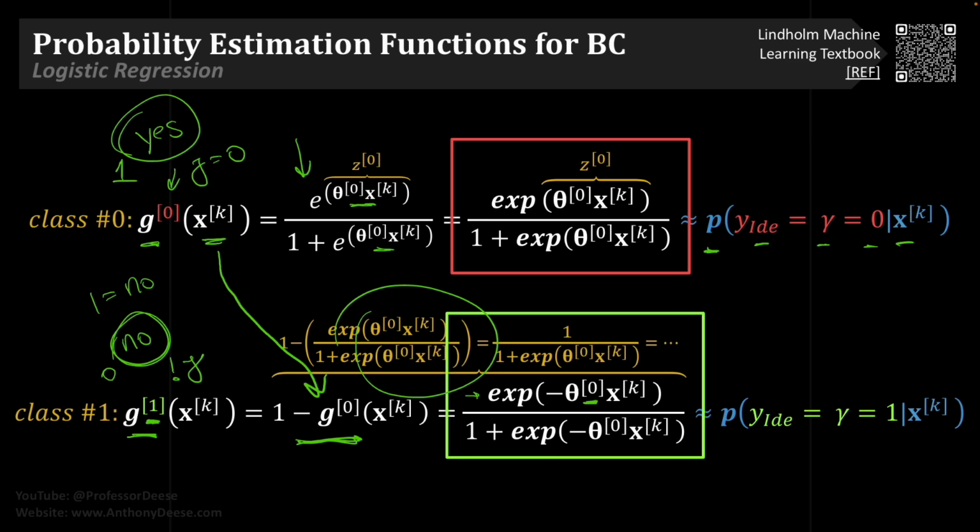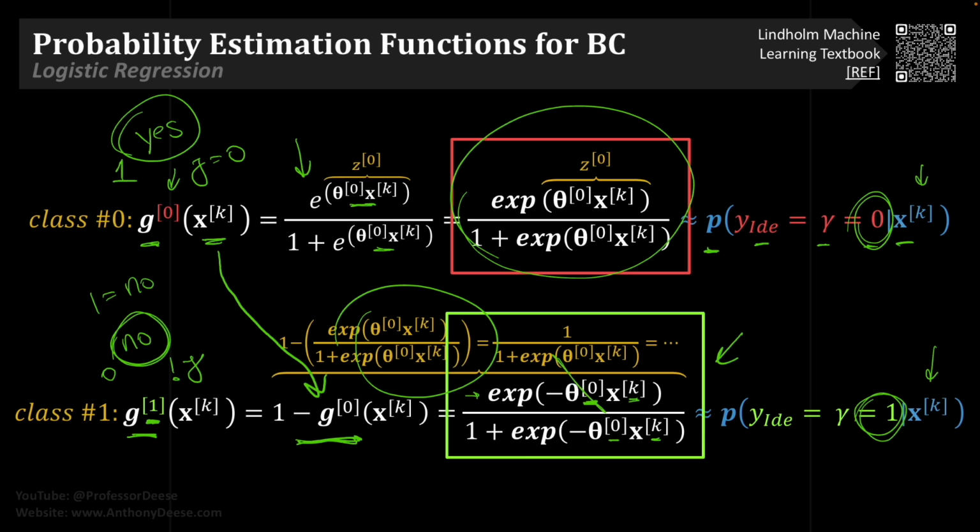And what this does is this allows us to define both probabilities in terms of a single set of parameters. So negative theta superscript 0 times the input plus 1, e to the negative theta superscript 0 x superscript k. So this expression generates or estimates the probability that the ideal output is equal to 0, and this down here generates the probability that the ideal output equals 1, again, for a given input.